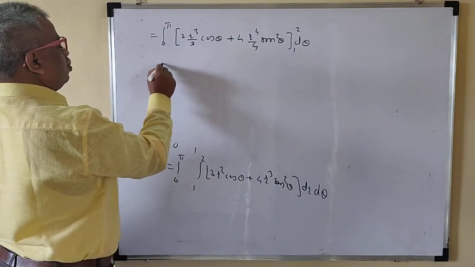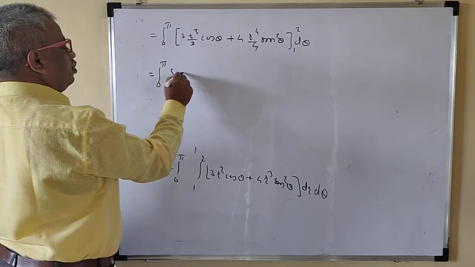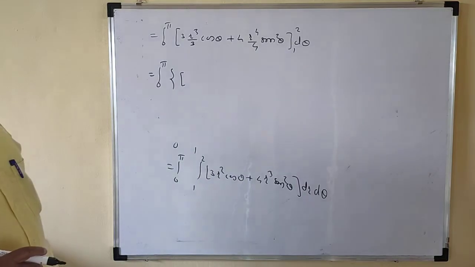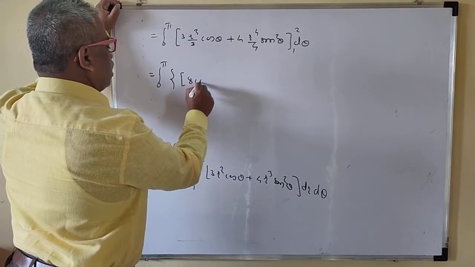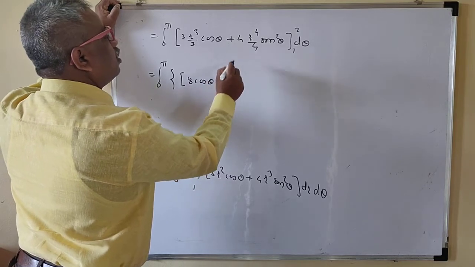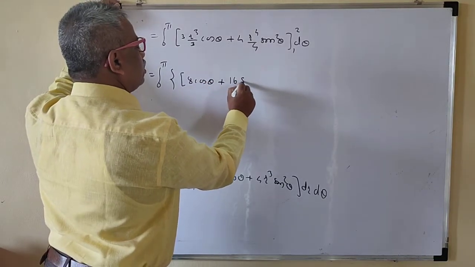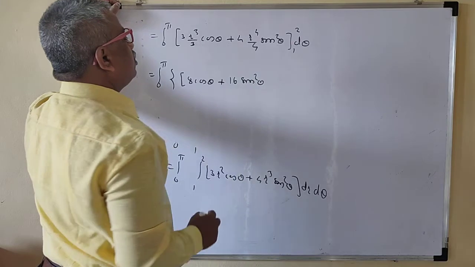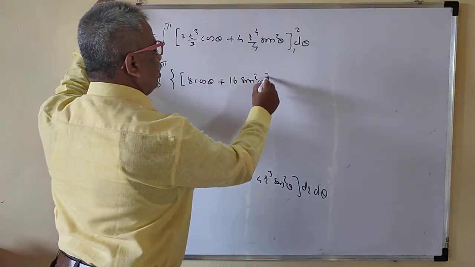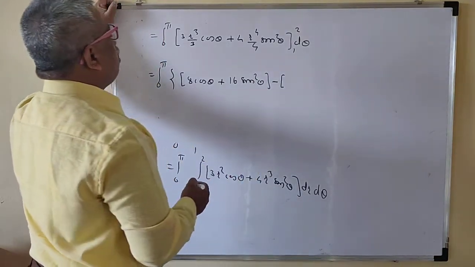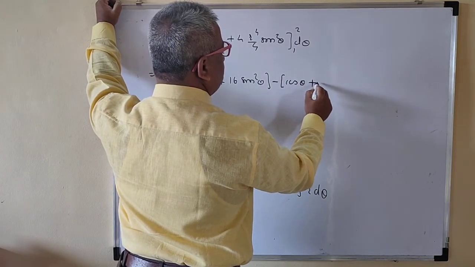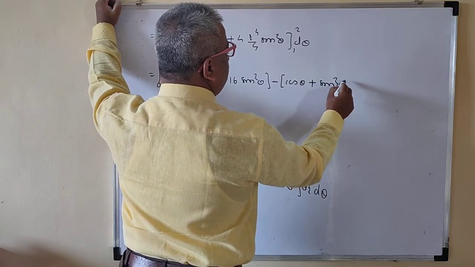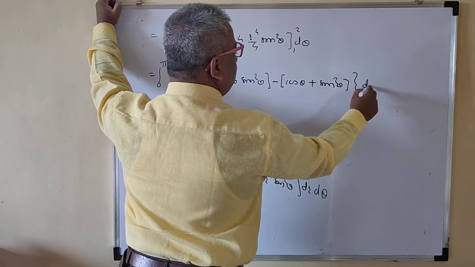So this is 0 to pi. First I will put r equal to 2, so this 3 gets cancelled. This is 8 cos theta plus 2 to the power 4, which is 16 sin square theta. Then minus, you have to put r equal to 1, so this is cos theta plus sin square theta, d theta.